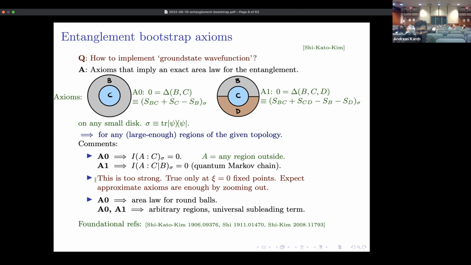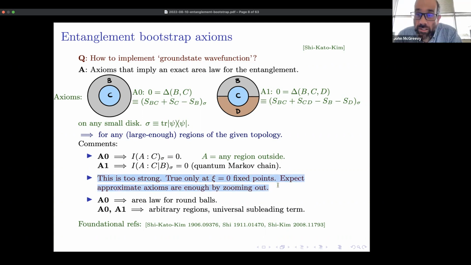So that's my second comment here. Actually, this is a stronger condition than is actually true for an arbitrary point in some gapped phase. It's true for fixed point wave functions. This is exactly true. So some phases have a representative wave function where these axioms are exactly satisfied.